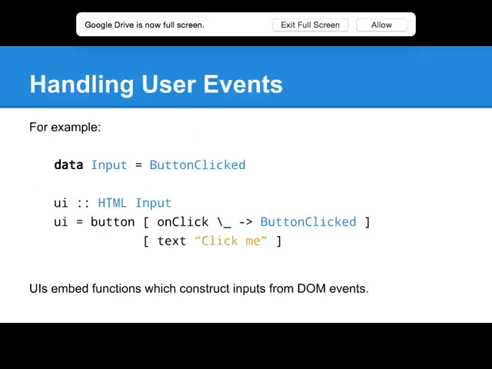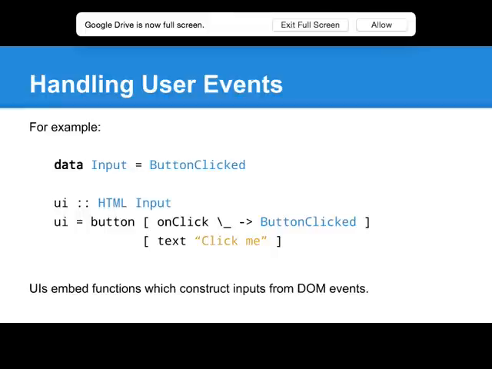For example, we might pick this singleton data type where the only valid constructor is a button, which just represents a button click. And then we're going to augment our DSL with these various event handler attributes. So on a click, I'm going to take the event, which in this case I don't particularly care about the contents of, and I'm going to return that input, button click. And that gives me an HTML DSL object with this particular type of input as the type argument.